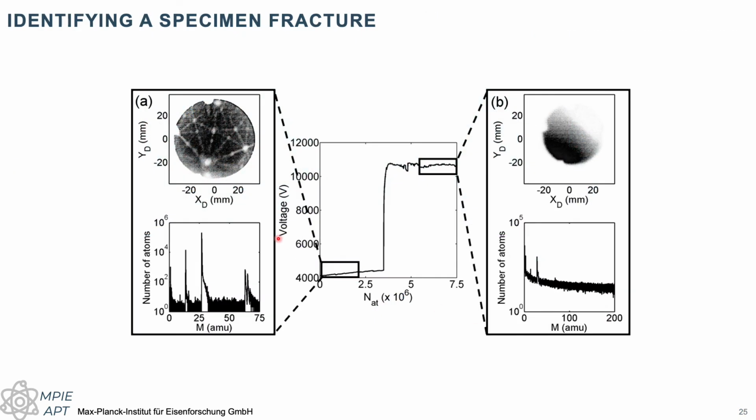Finally, just wanted to give you a hint also that sometimes by looking at the voltage curve and in correspondence the detector map, we can see that here in this analysis we have a nice mass spectrum and a nice detector map with poles and so on and so forth, and the voltage increases nicely and steadily. And then we have this massive jump in voltage.